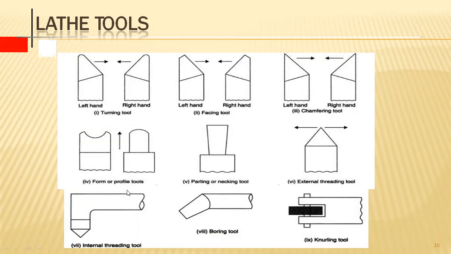Towards the form of profile tools, you need to have different conical representations, and the parting or necking tools and external threading tool will have conical representations for cutting the sharp edges. Internal threading tools, the boring tools, and the knurling tools for rough surface finishing are the lathe tools.